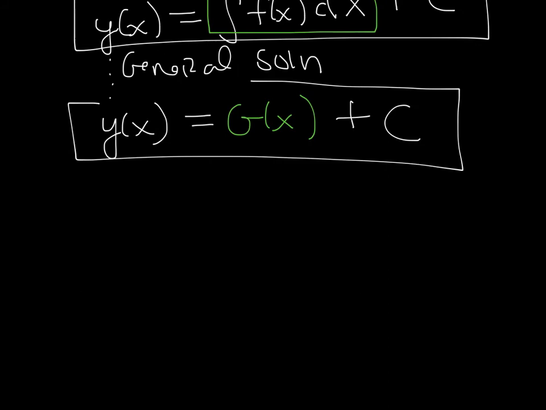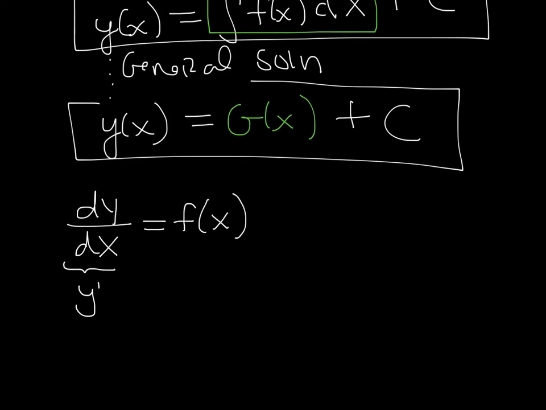Okay, and finally, if we put all this together, we started with dy/dx, just another way of writing y prime with a little bit more information. And our dy/dx is going to be a function of one variable, and we found this is a general solution, but we're going to want a unique or particular solution.